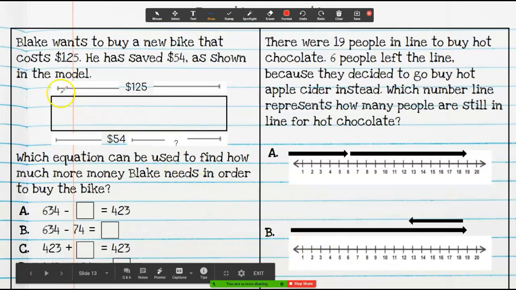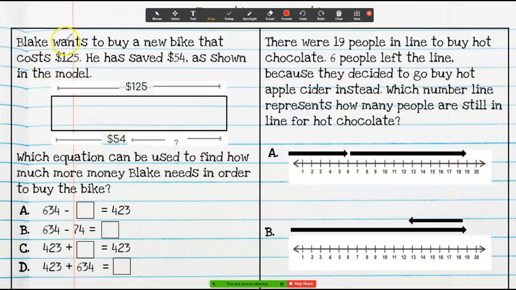All right. Blake wants to buy a new bike that costs $125. He saved $54. Okay, so he needs $125. He saved $54. Which equation can be used to find how much more money Blake needs in order to buy the bike? So, right now, we have a missing number. Okay, what did I just say we need to do in order to find a missing number?